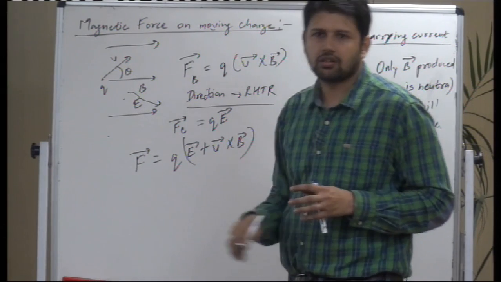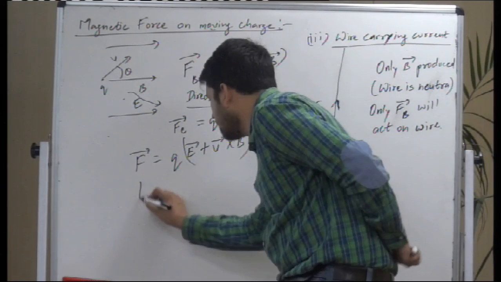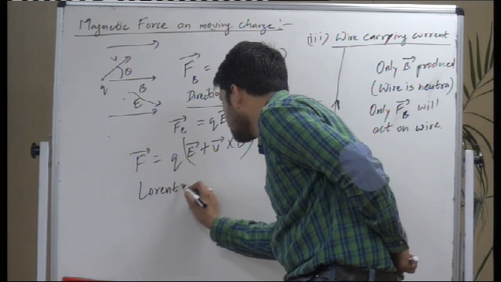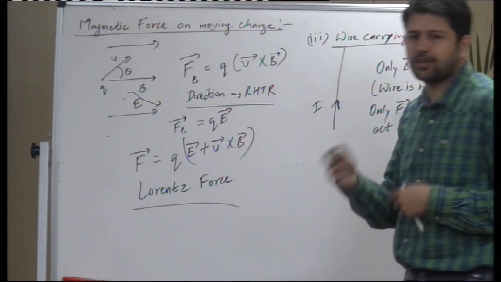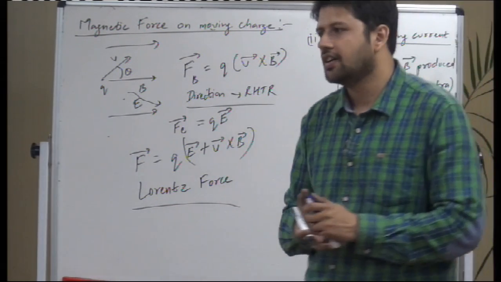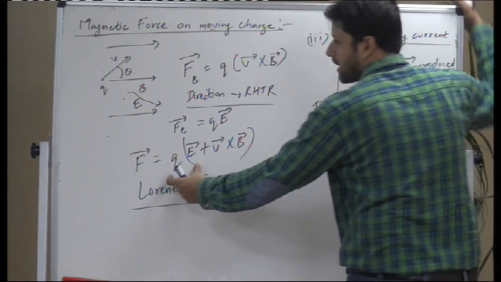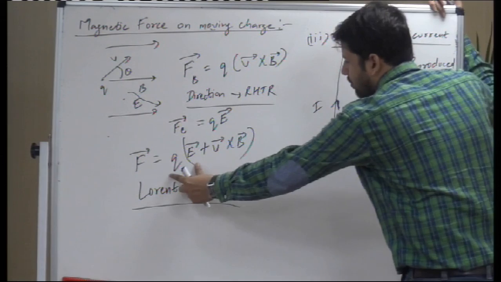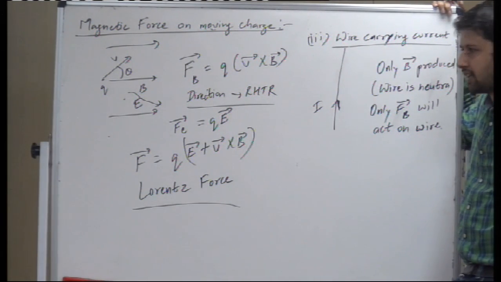The total force due to the electric and magnetic field is called the Lorentz force. When the Lorentz force is acting, we can take components: one is the Lorentz electric force, the other is the Lorentz magnetic force, when both are acting.